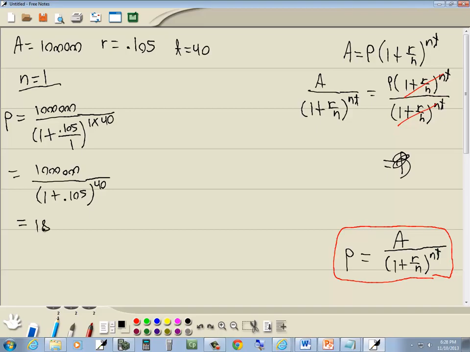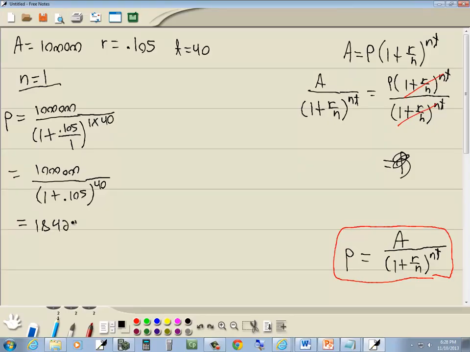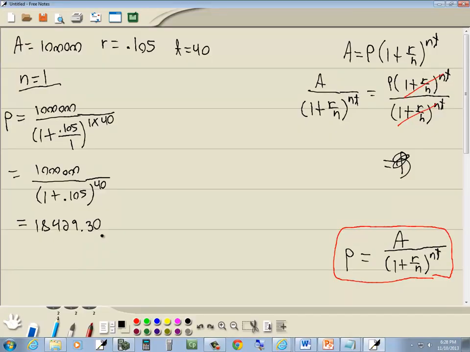So this is $18,429.30. Assuming you could get an interest rate that high, if you compounded one time per year, if you left it in for 40 years, you put $18,429.30 into the account, left it for 40 years, at the end you'd have $1 million. It's kind of cool.